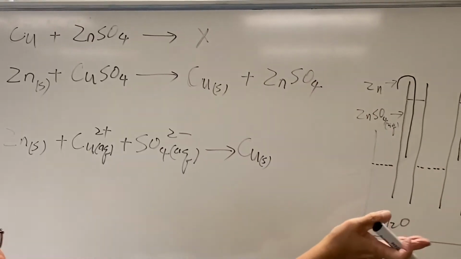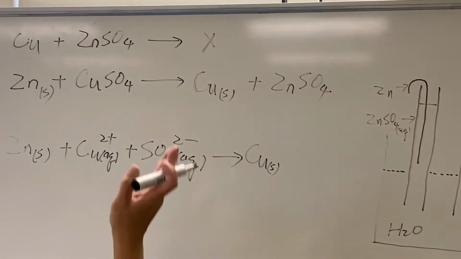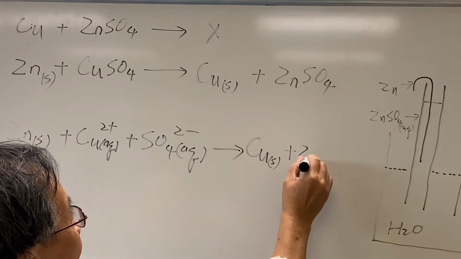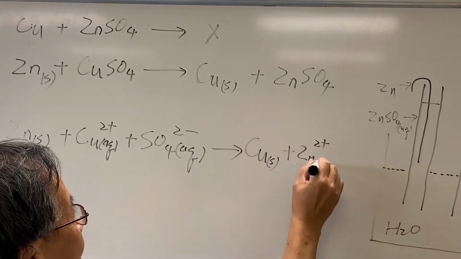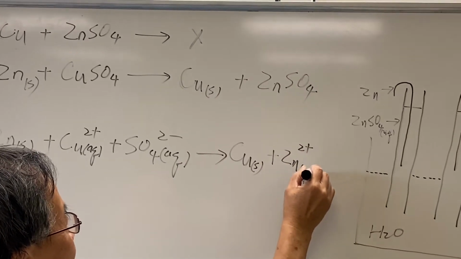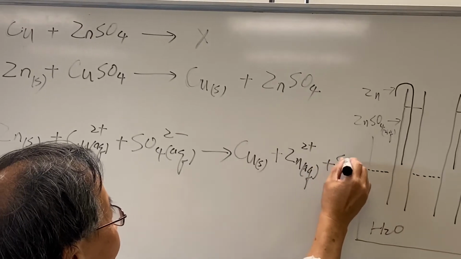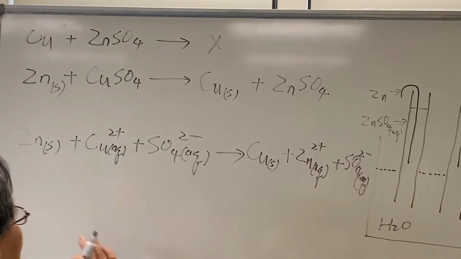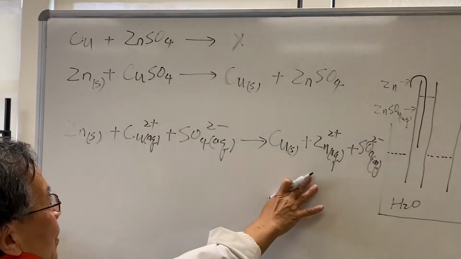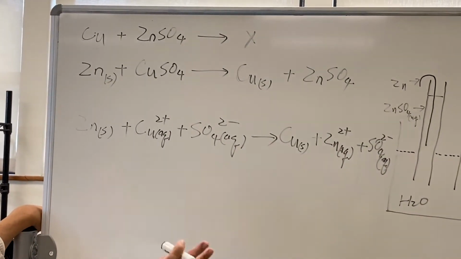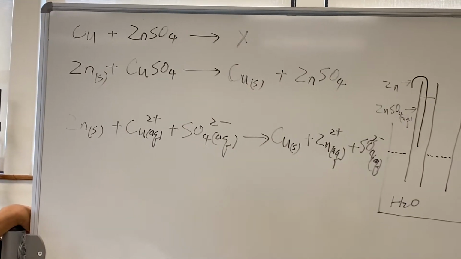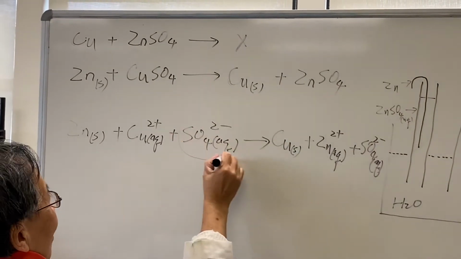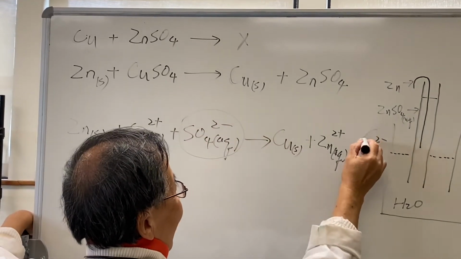Zinc, still using the sulfate rule, and then zinc(II) sulfate, it's not one of those 6 mentioned in the rule, therefore it's soluble. So now you can see this is before the reaction, after the reaction, and then the common item before and after is our sulfate ion.